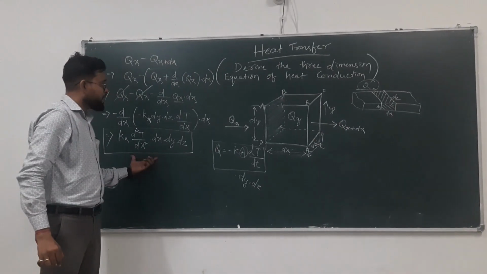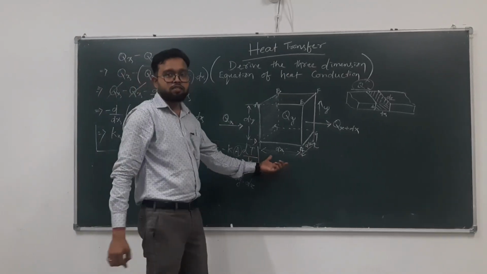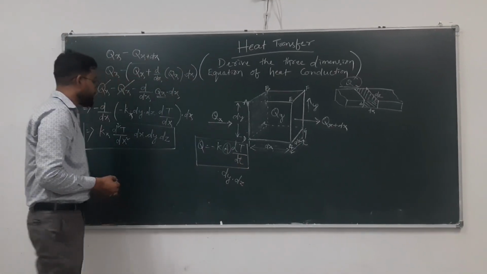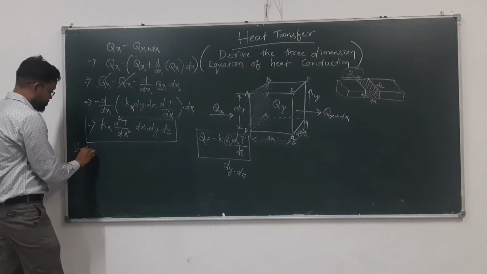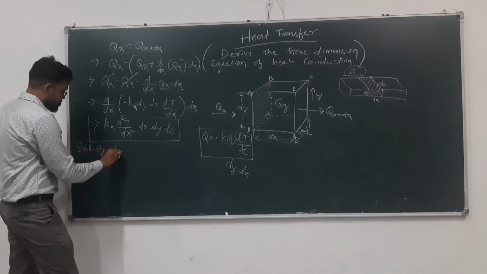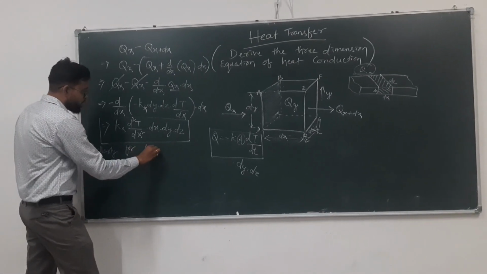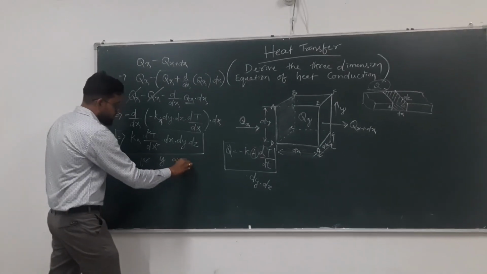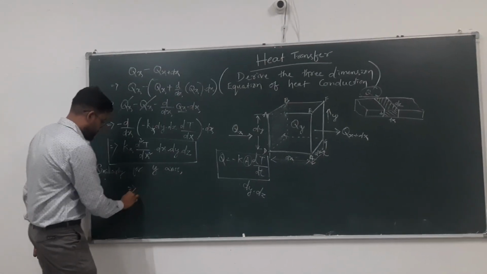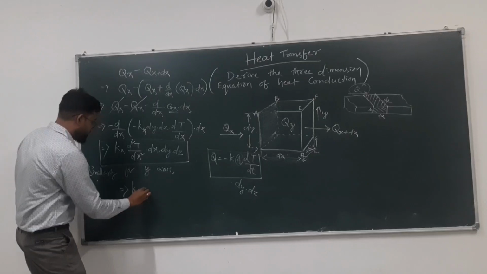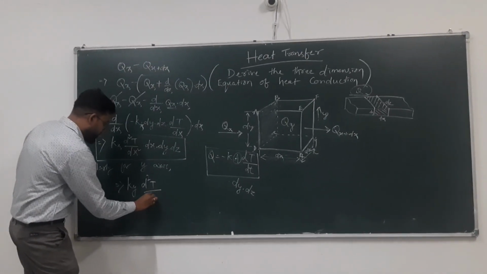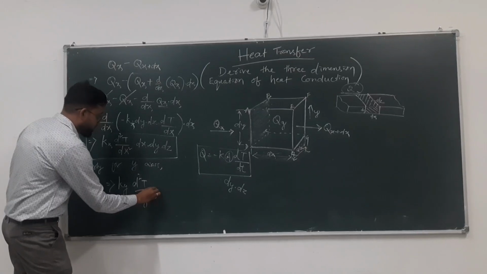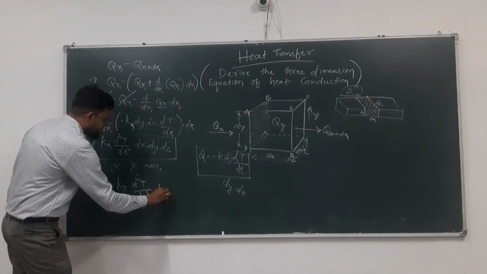This one is the value for only x axis. Similarly for y axis, it is ky d square T by dy square into dx.